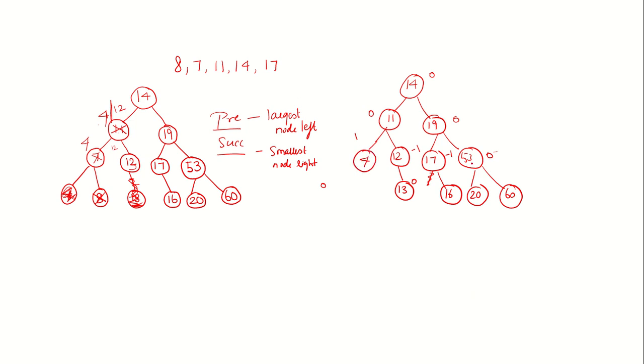Now again calculate the balance factor. After every delete you have to calculate the balance factor. So the balance factor will be affected only in the left part of the tree because you did not touch the right part. So here alone I will calculate. So this will be 0. Okay, this will be 0. So this will be 1 minus 2, so this will be minus 1.